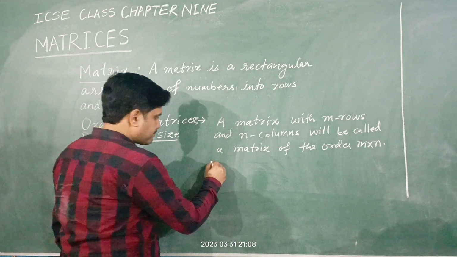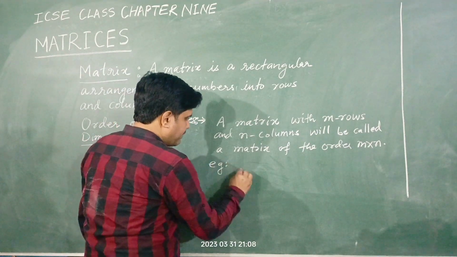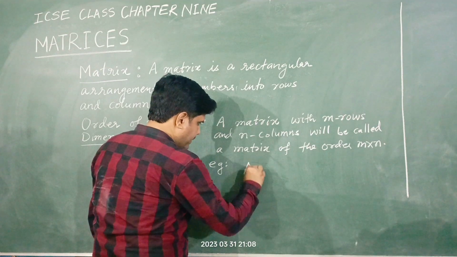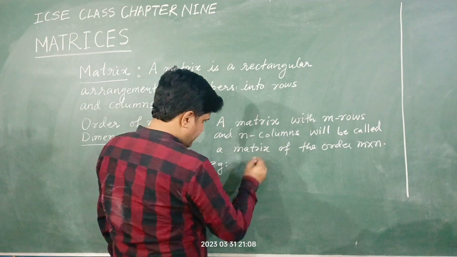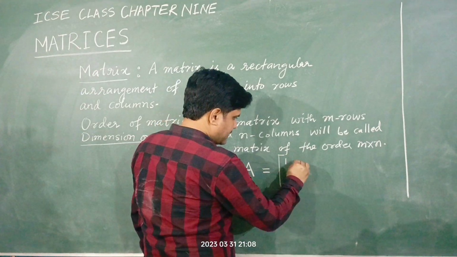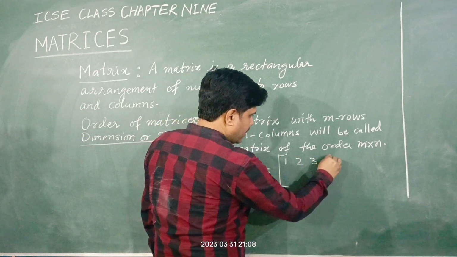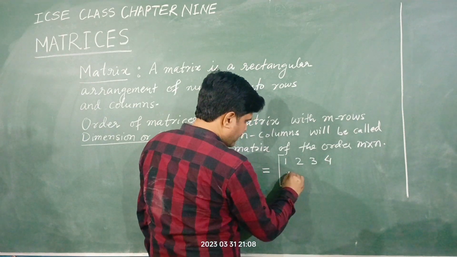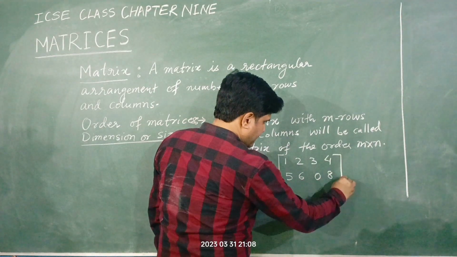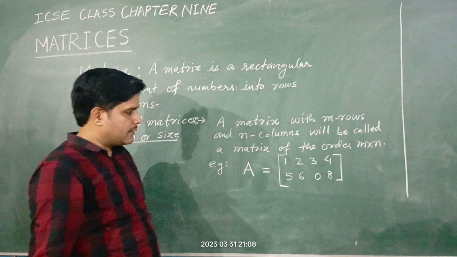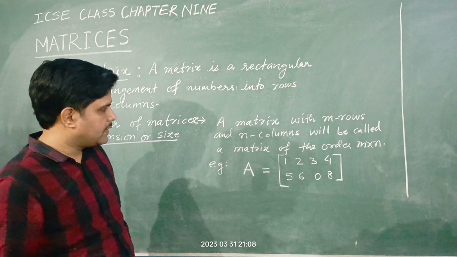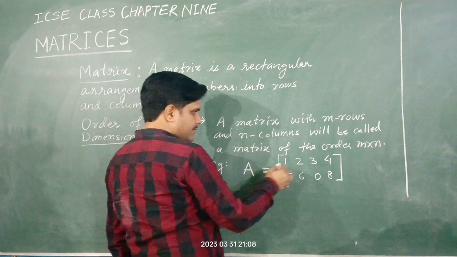For example, if I write a matrix, we denote a matrix by an uppercase letter, let's say A here, and let me write some numbers down: 1, 2, 3, 4, 5, 6, 0 and 8. Now you can see this is 1, 2, 3, 4, 5, 6, 0, 8.